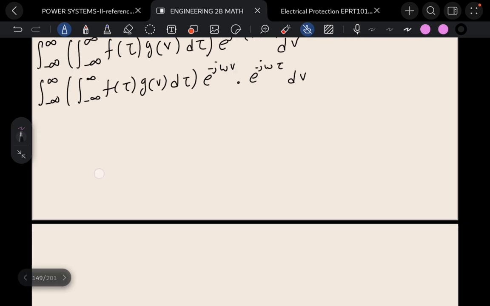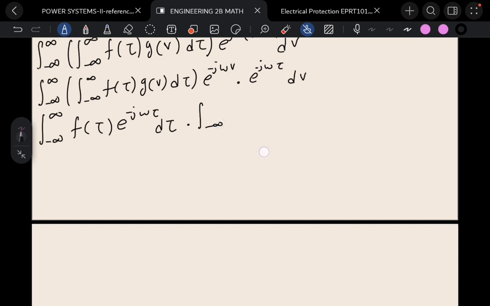So since we have done two integrals, we can do the product. So we are going to say an integral from negative infinity to positive infinity of f of tau e to the power negative j omega tau d tau times an integral from negative infinity to positive infinity of g of v e to the power negative j omega v dv.